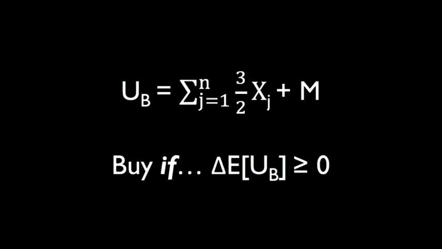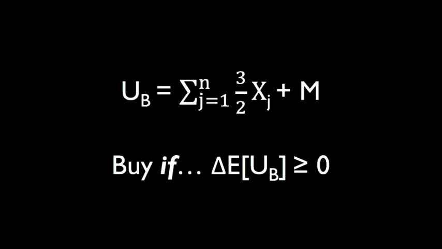Okay, once we plug in the expected quality of the car, we can calculate the buyer's expected change in utility, and then we can simply require that the buyer's expected change in utility be greater than or equal to 0.